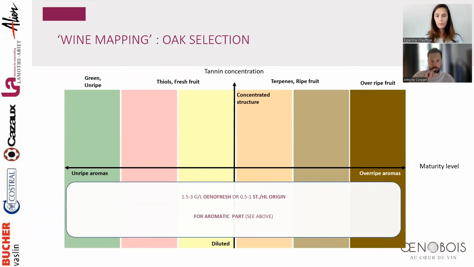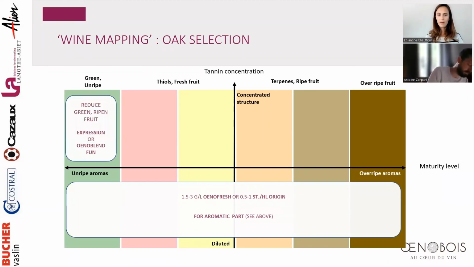As we were talking about before, the fresh granular is very good quality, so you can use it. Don't be scared to use it on finished wine. It's not gonna give you aggressivity. And we can work with the stave or the block origin. We are talking here about like 0.5 to 1 stave per hectoliter in terms of dosage.